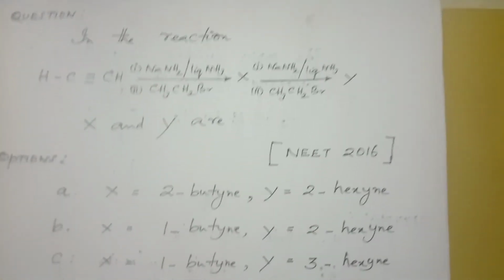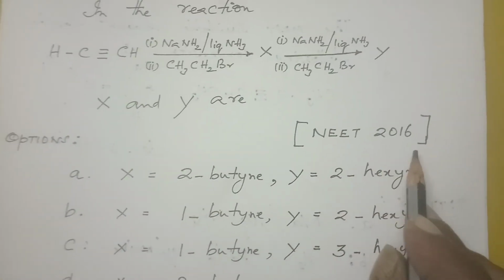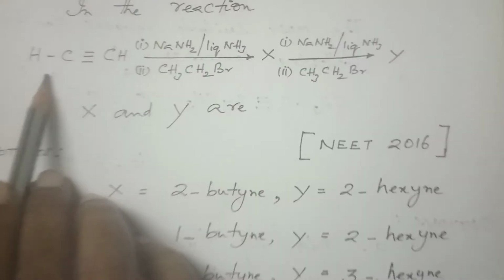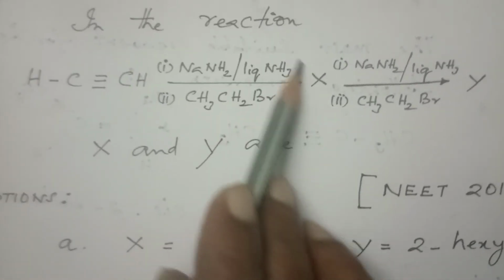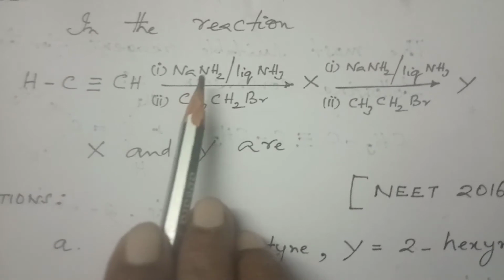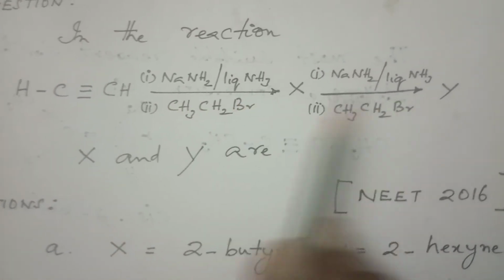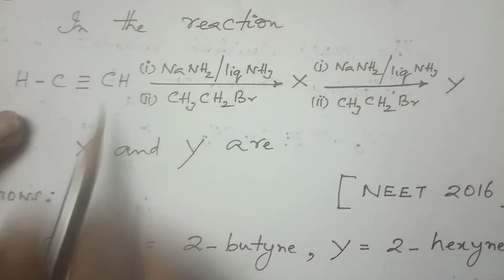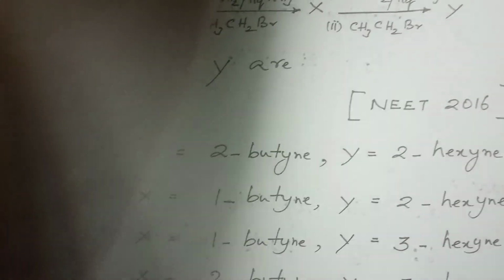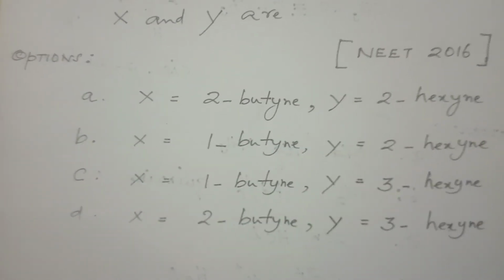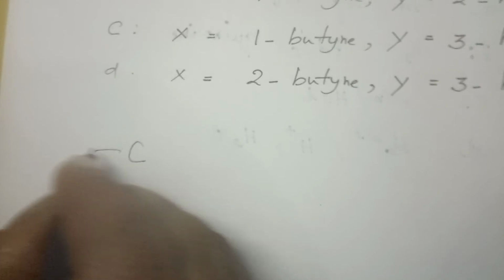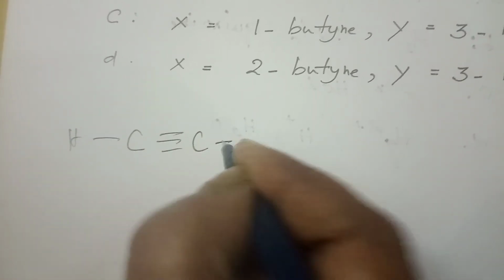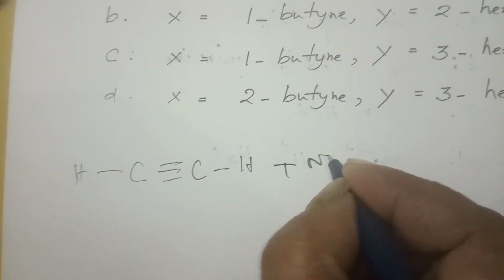Now let us see the question based on that. Okay, the question is here. NEET 2016, children. In this reaction, it is written as ethyne, and the reagent is sodamide and liquid ammonia; the terminal carbon is substituted. Now I am writing here. Let us see how I am approaching the equation. Write here CH triple bond CH with sodium.